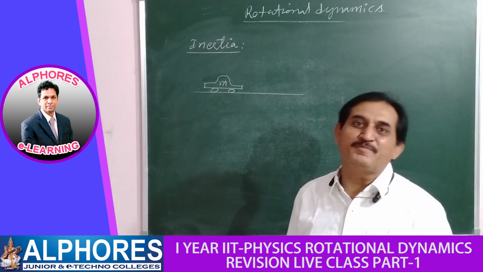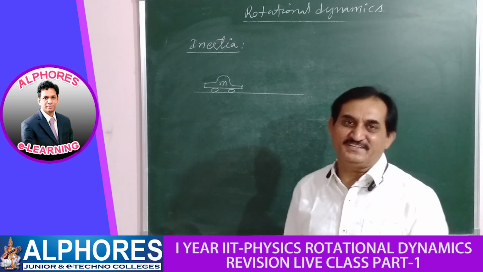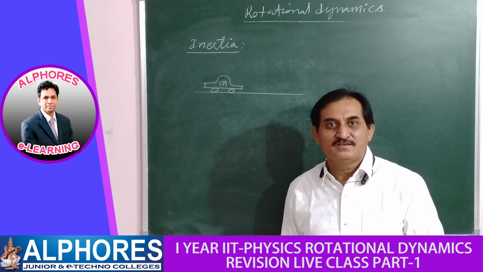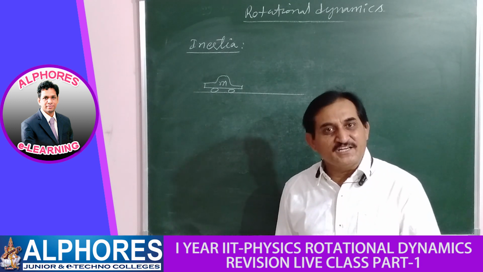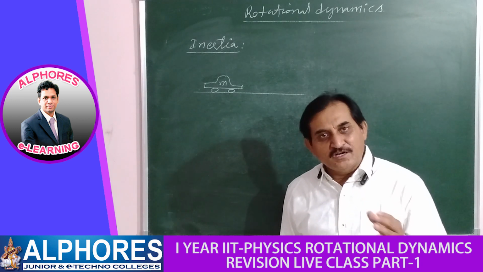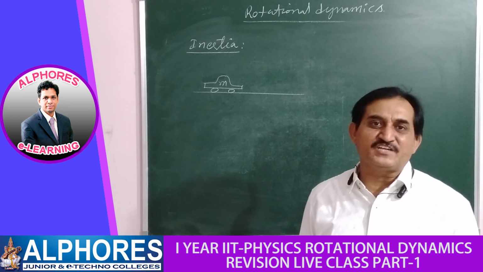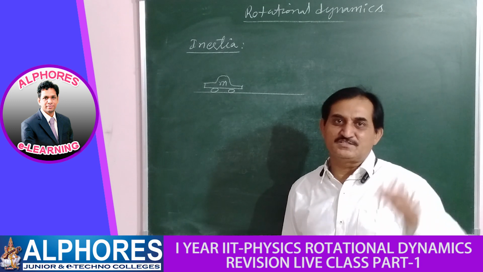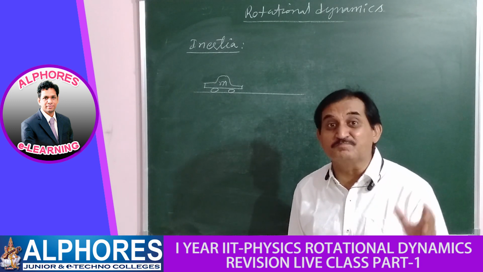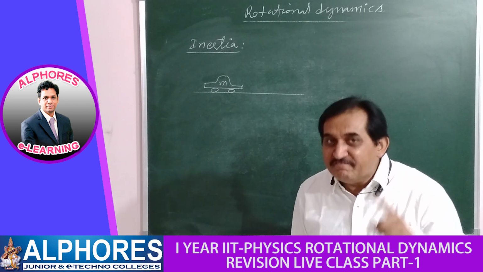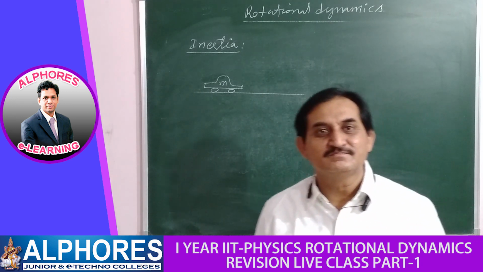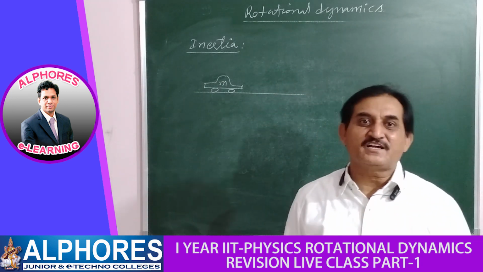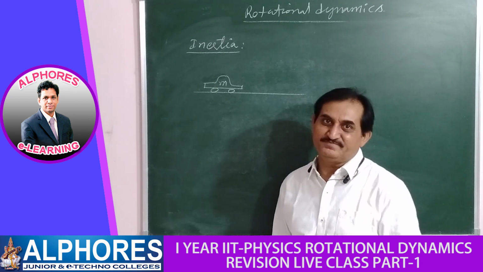This happens because of the inertia property. A body already in motion always continues to move in the same straight path with the same velocity. If any changes take place, the body never accepts the change immediately. This kind of property is known as inertia.